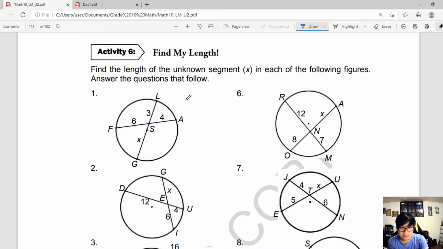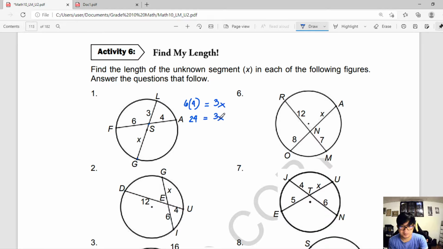So, 6 times 4 is equal to 3 times x, or 3x. Okay, 6 times 4 is equal to 24.